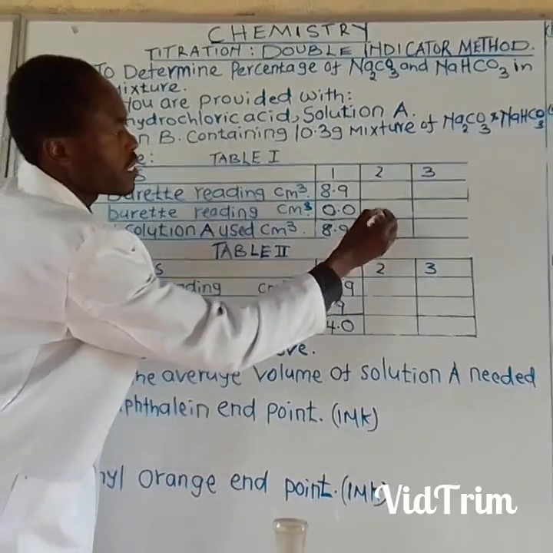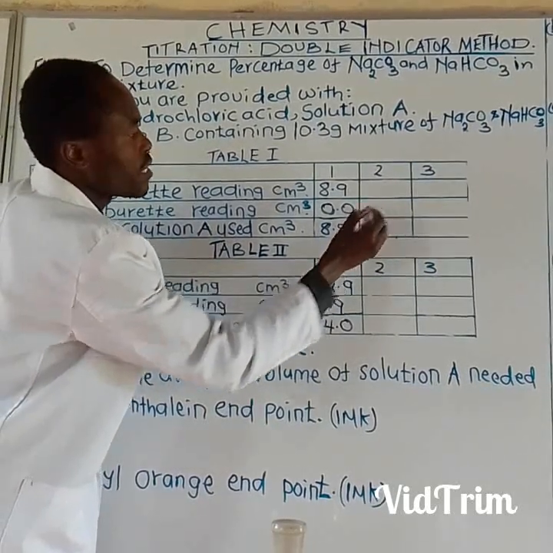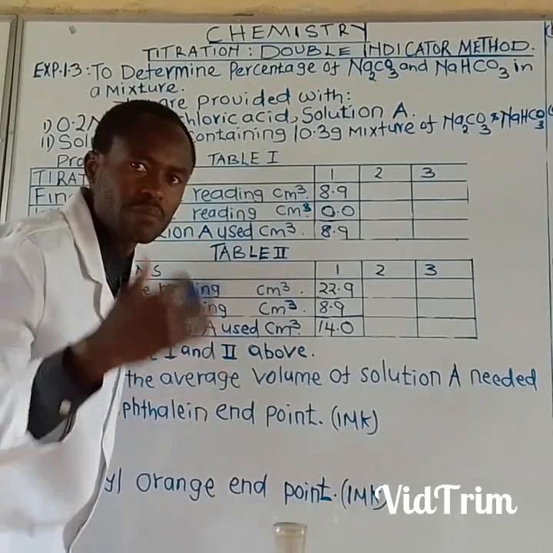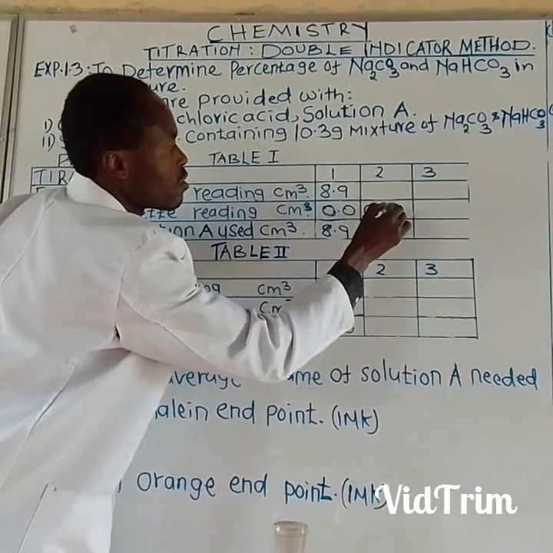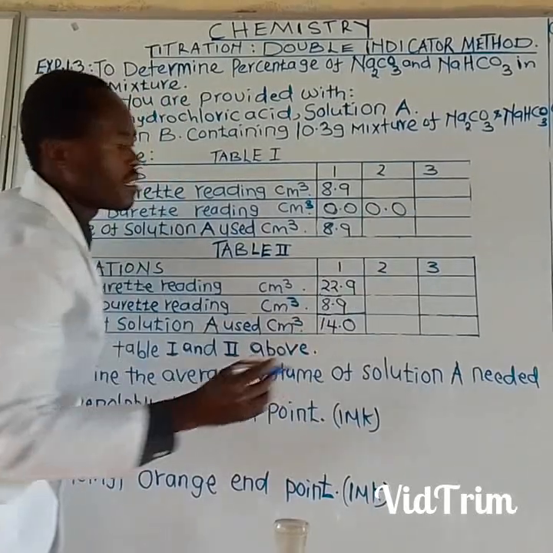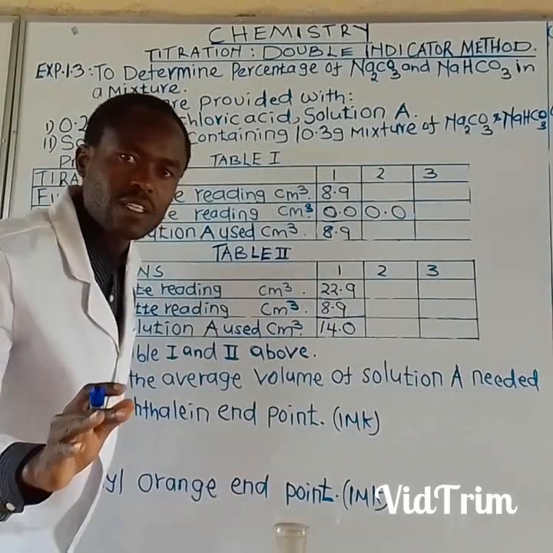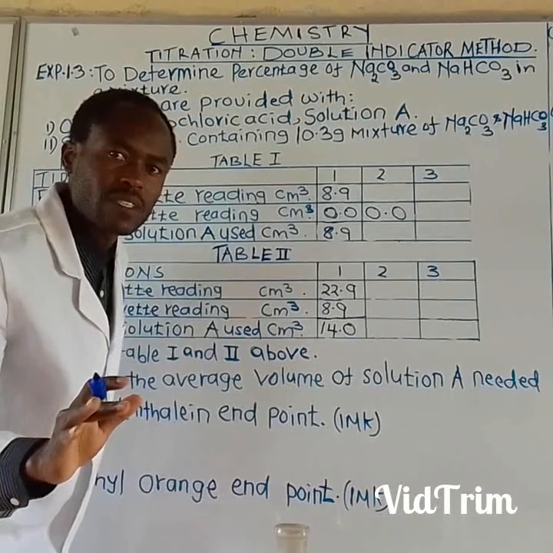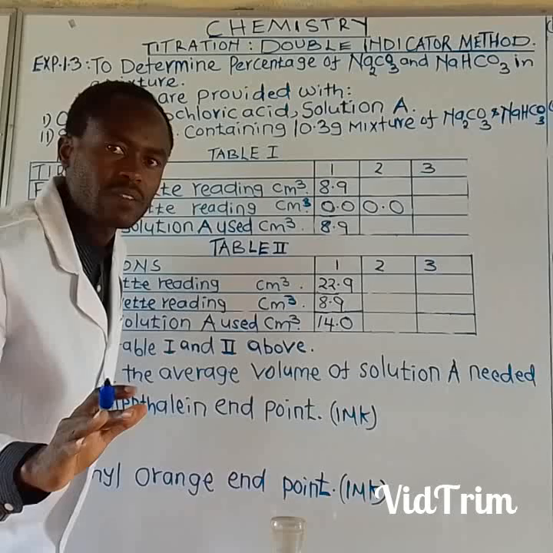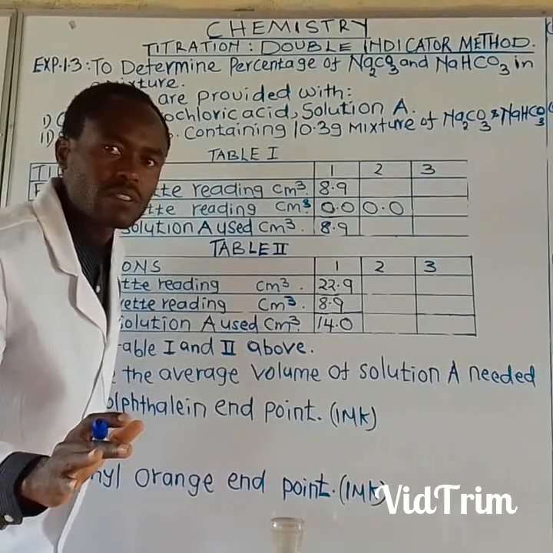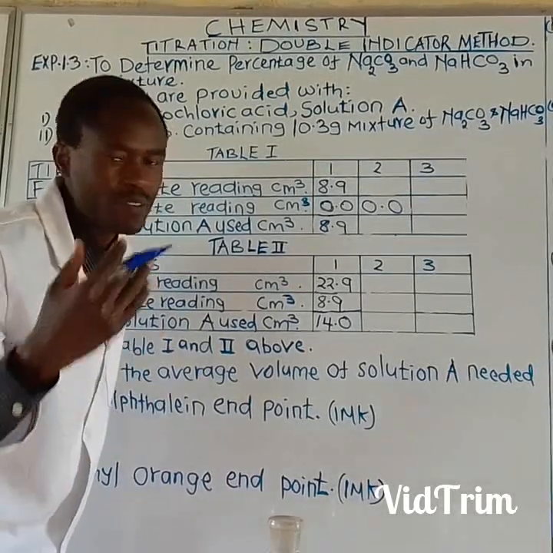So my student, without wasting time, if you do it very carefully, let us come here to titration number 2 in table 1. So you fill the burette so that from time to time you are starting from 0.0. And for consistency reasons, my student, the results are very close. And I normally advise that you just titrate and ensure that the values are uniform.